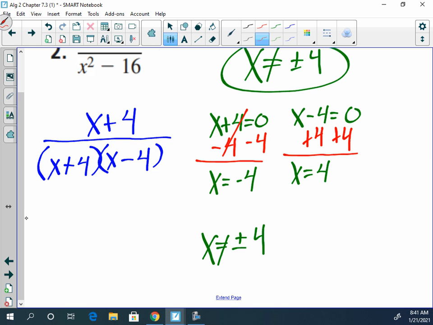Now what simplifies? The x plus 4 and x plus 4. Okay. Now on the bottom of the fraction, the denominator, what's left? Okay. What is left in the numerator? 1. It will be 1, because again, anytime we simplify or factor or divide, anything divided by itself is what? 1.